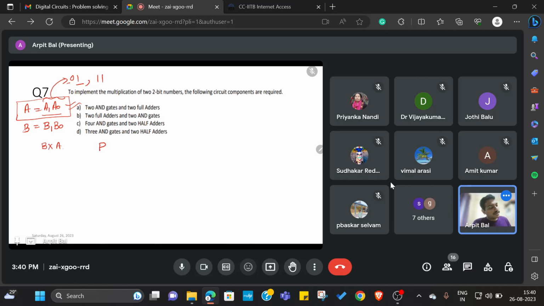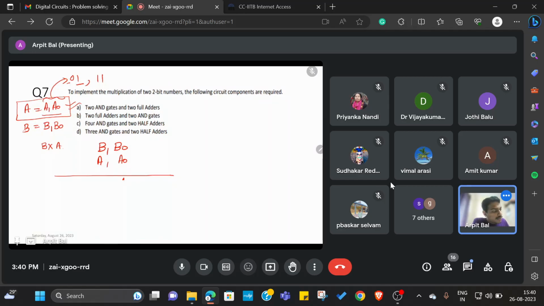When we perform multiplication, we write it like this, right? Let's see if that is correct or not. Imagine we have two 2-bit numbers, b1 b0 and a1 a0. What should this bit be?